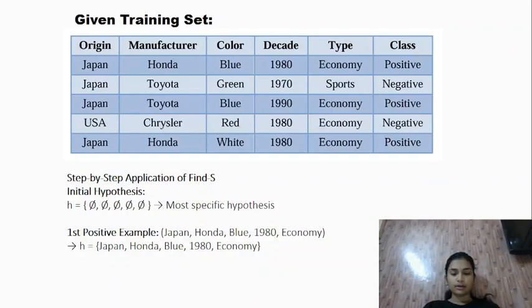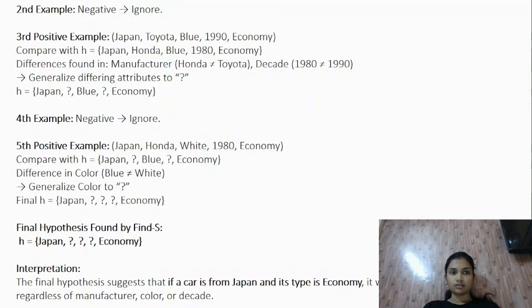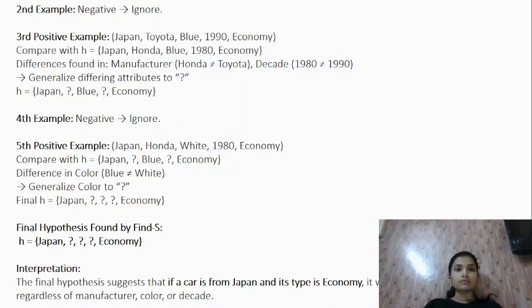First, positive example. Its set is Japan Honda Blue 1980 economy. This is the first example. Now the second one is negative, so we will ignore it. Third positive example: Japan Toyota Blue 1990 economy. Now we will compare this with the first example. Japan is the same. Honda and Toyota are different.